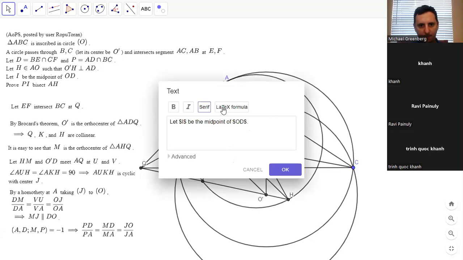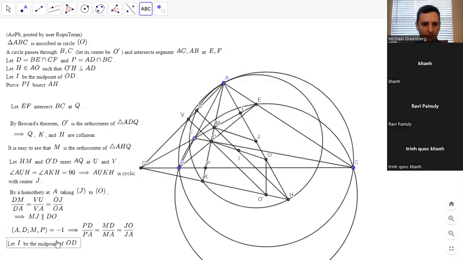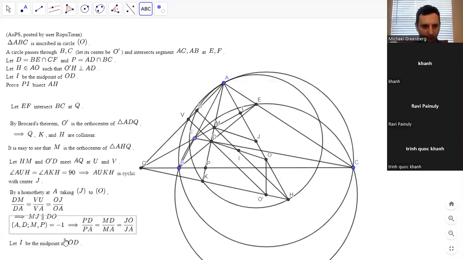Now we use Menelaus. There's probably a way to do it with just cross ratios, but I will use Menelaus.